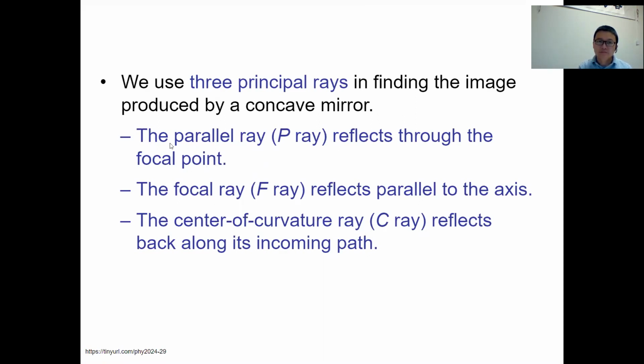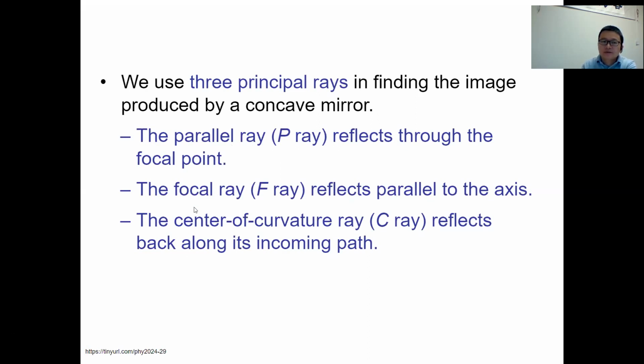You can use a parallel ray, which is parallel to the central axis, the principal axis. That ray will reflect through the focal point. Then you can pick a second one, called the focal ray, which goes through the focal point and then hits the mirror. This ray will reflect parallel to the central axis.